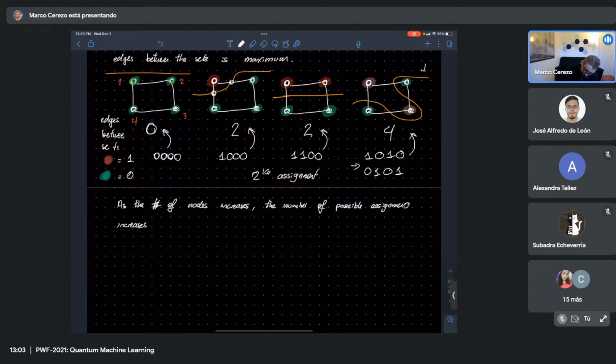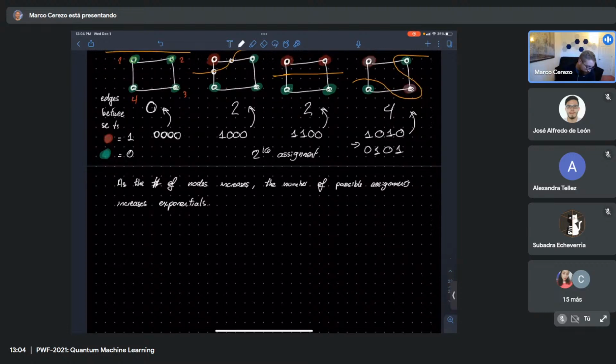So trying to find the bit string that solves my problem with a bunch of nodes is going to become exponentially hard. This is a problem where you can already start to see why a quantum computer might be useful, because we're trying to find some elements in an exponentially large space. So there's something that maybe we can do.